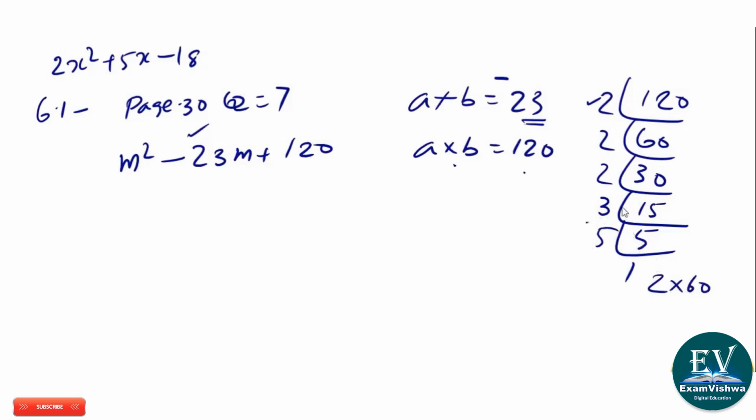Ultimately we can see that if you multiply 15 into 8 it is equal to 120, and if you add 15 and 8, it is equal to 23. To get negative 23, we should apply the minus sign to both.